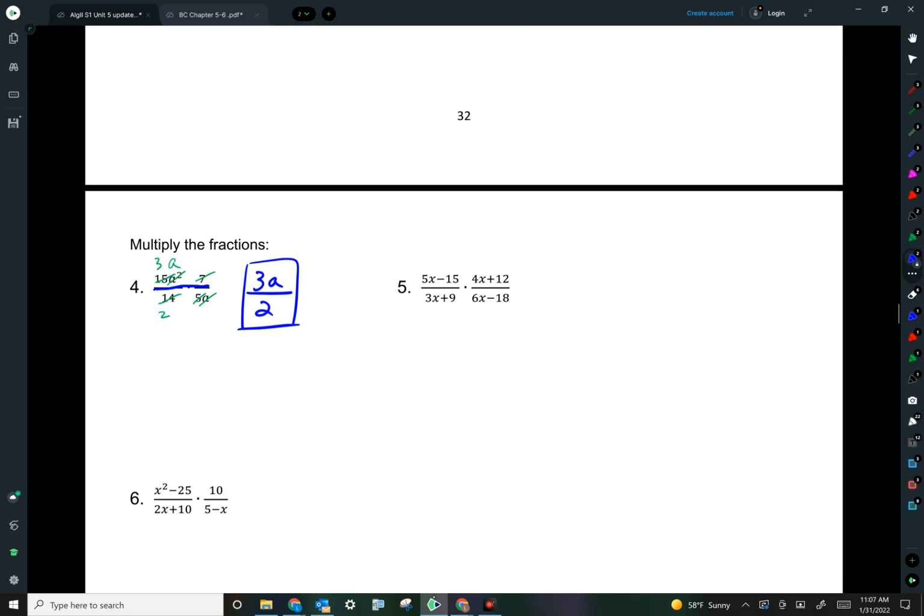Again, look at number 5. Just because it's multiplication, I'm going to think of this as one big giant fraction. However, because of all the addition and subtraction, I need to factor each individual piece. So I'm going to start by factoring the top, this 5x minus 15. So I'll take out a 5 as a common factor, x minus 3.